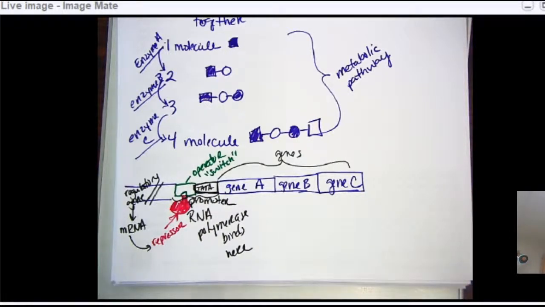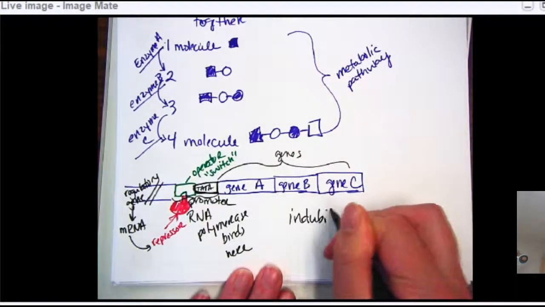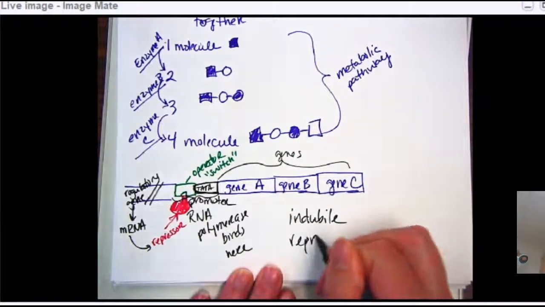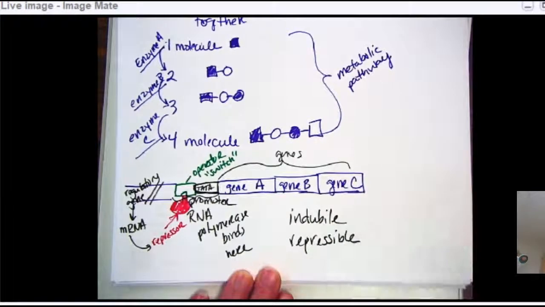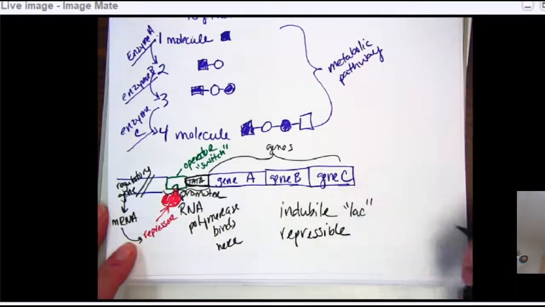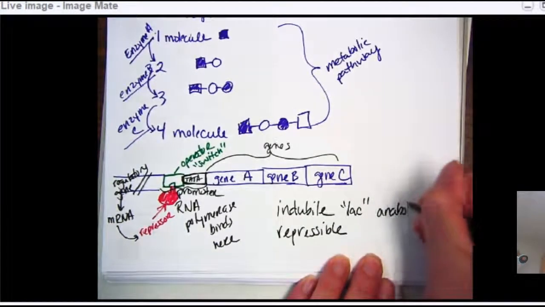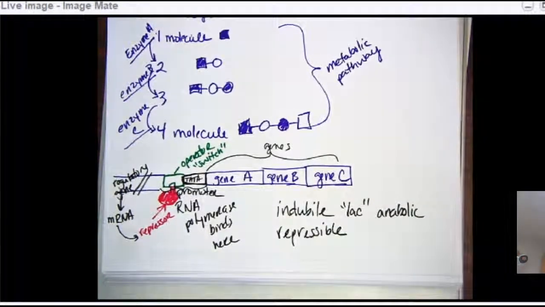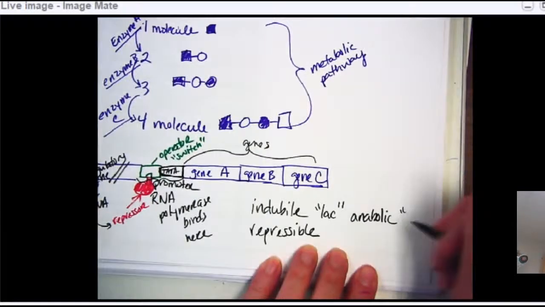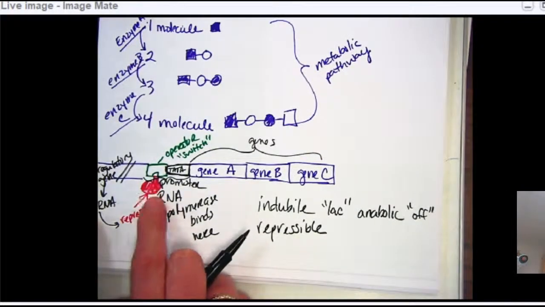There are 2 types of operons, though. There are inducible operons, and then there are repressible operons. Inducible operons are like the lac operon, and those are normally associated with anabolic pathways. They are normally in the off position, which means that there's normally a repressor bound, just like I drew here.